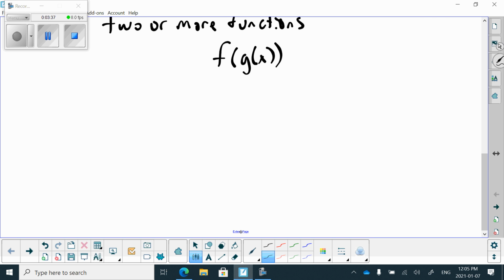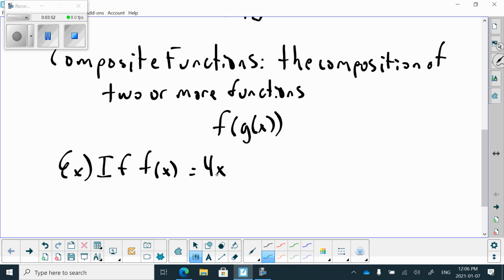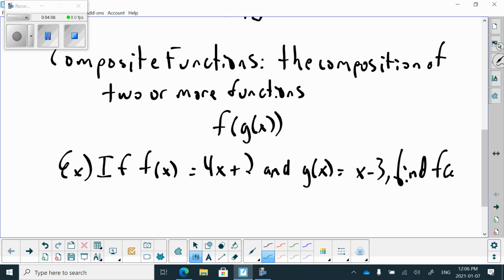So for our example, if f of x is equal to 4x plus 2, and g of x is equal to x minus 3, let's find f of g of 3. And I'm going to rewrite that because that's messy even for me.